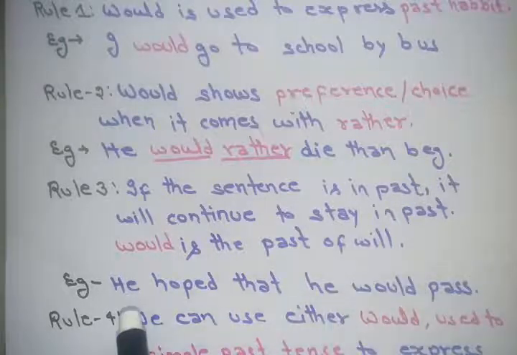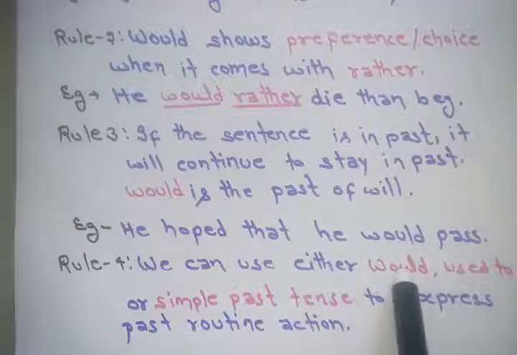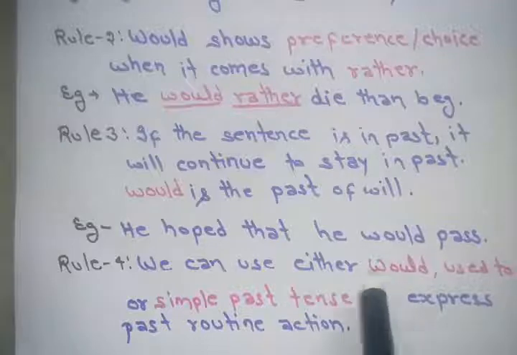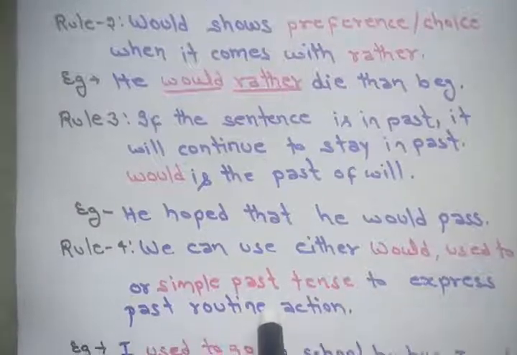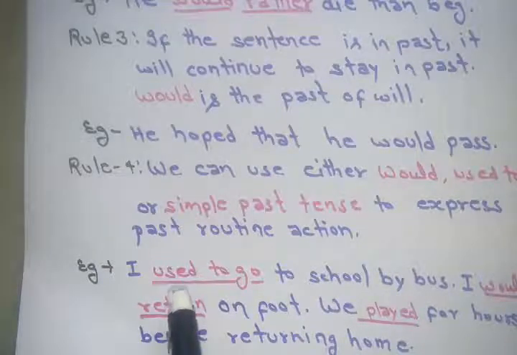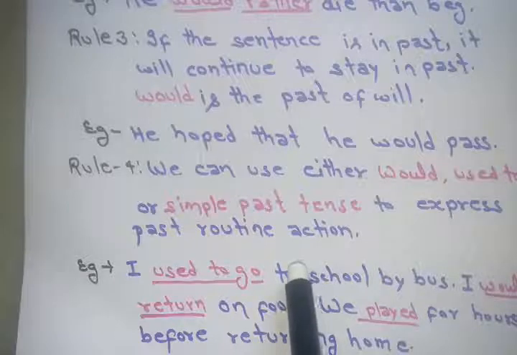Okay, then rule number 4 is, we can use either "used to", "would", or simple past tense to express past routine. For example, I used to go to school by bus.